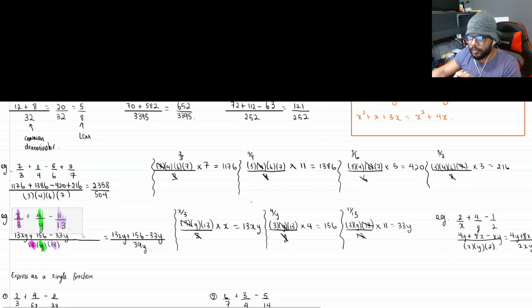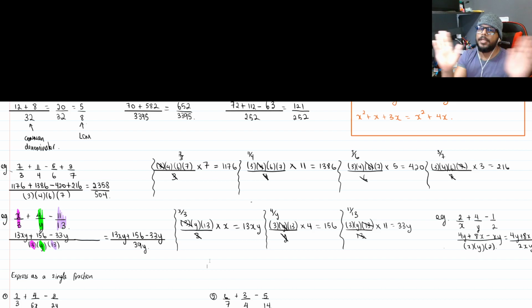So this whole LCM procedure, or the whole simplifying procedure, is a method where we take the sums or differences of any number of fractions, any number, and express them as a single fraction.